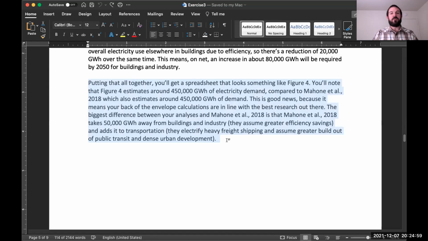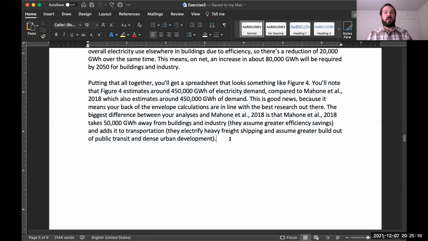is almost spot on for what Mahoney et al. 2018 comes up with. And that's a really sophisticated analysis using some of the most advanced models and prediction software and data sets that are available for this kind of work. Now they get to this answer in some slightly different ways.